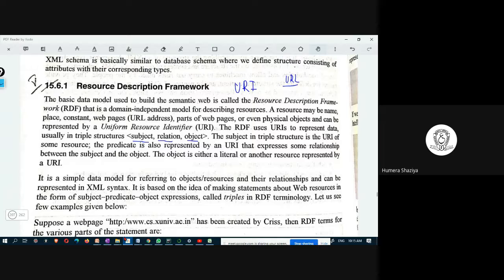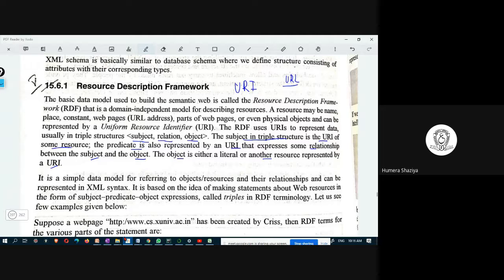Triple structure includes the subject. Subject in triple structure is the URI of some resource. It could be any resource. You take a laptop. The predicate is represented by an URI that expresses some relationship between subject and object. And object is any other resource represented by URI.